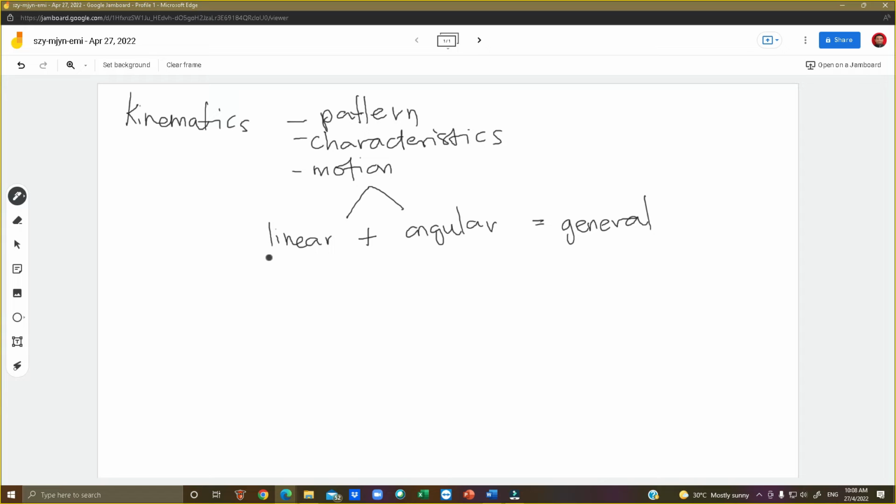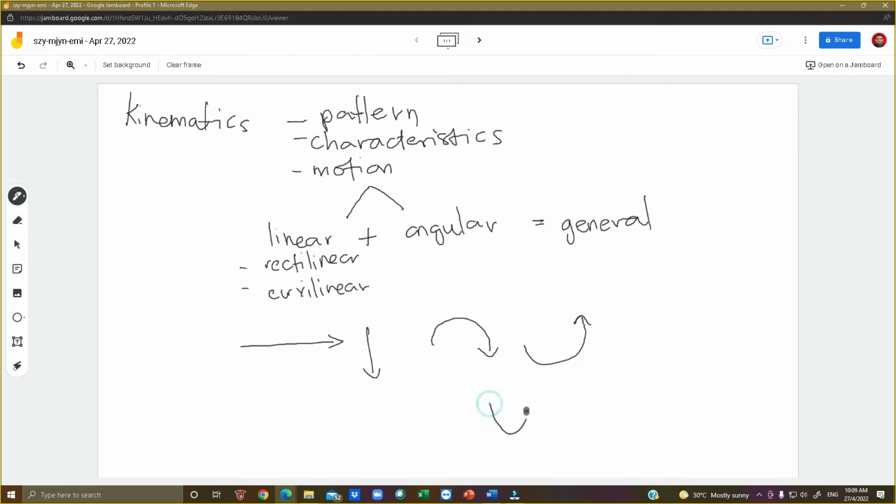Dah kan? Okay, in linear we have two sub-components, which are rectilinear and curvilinear. Okay. So rectilinear ni pergerakan macam ni, pergerakan tegak. Curvilinear pergerakan yang begini, pergerakan melengkung.